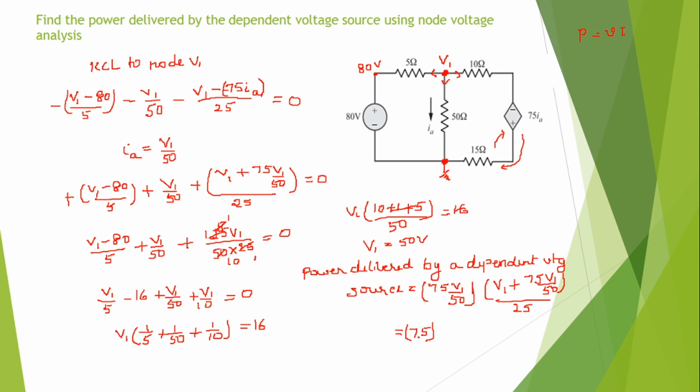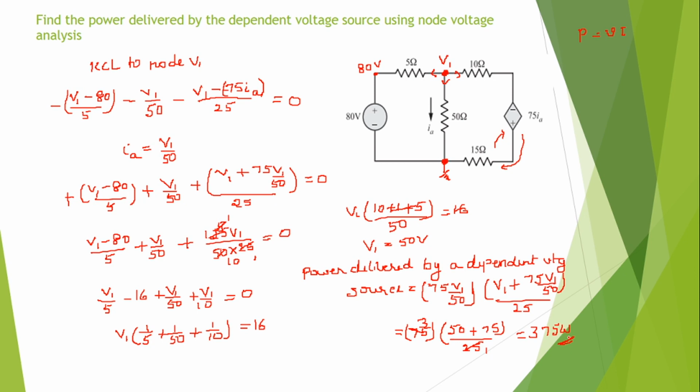Into the current, V1 is 50, plus 75 V1 by 50 is 75, so it is 125, divided by 25. 25 ones are 25, 25 fives are 125. So 75 into 5 gives 375 watts. So the power delivered by the dependent source is 375 watts.